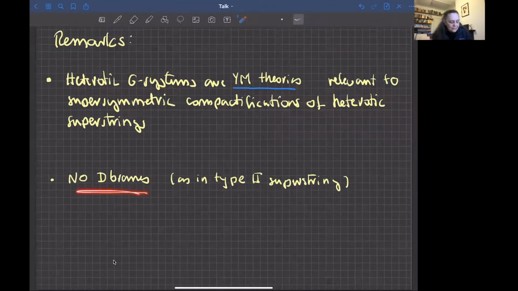Without them, the type 2 theory on a Calabi-Yau has at most an abelian gauge symmetry. So gauge degrees of freedom appear by configurations of D-branes in type 2, whereas in the heterotic theory they come with it, they are Yang-Mills theories in 10 dimensions.